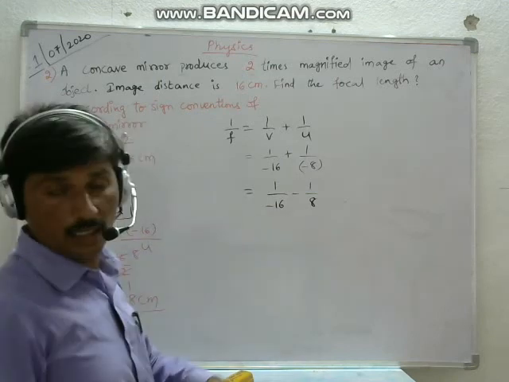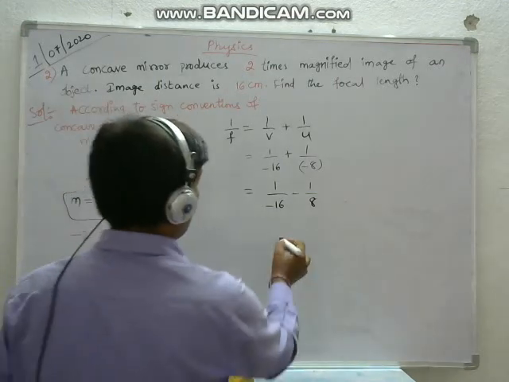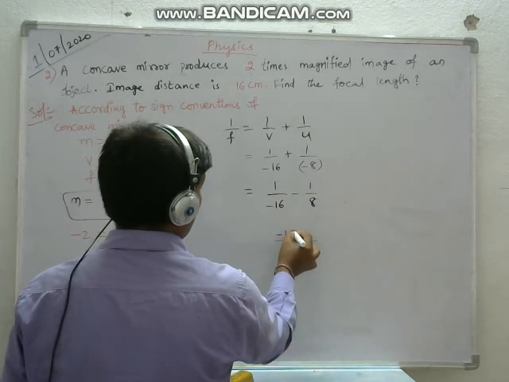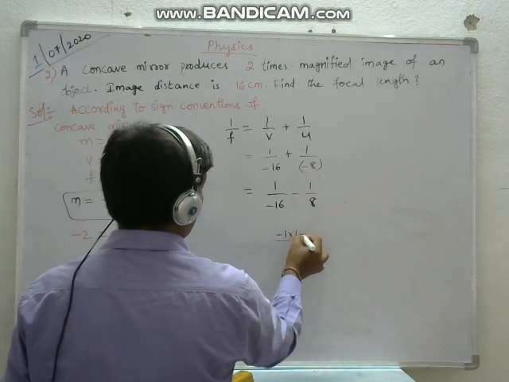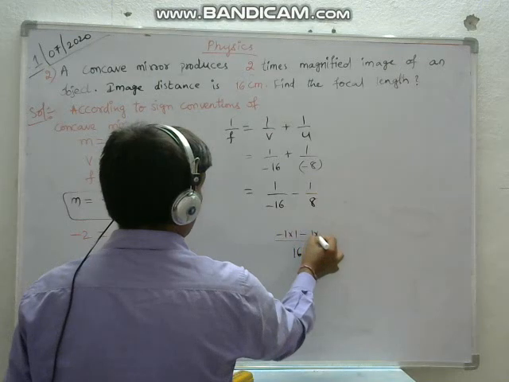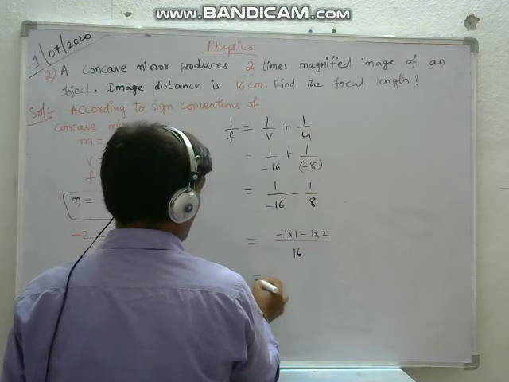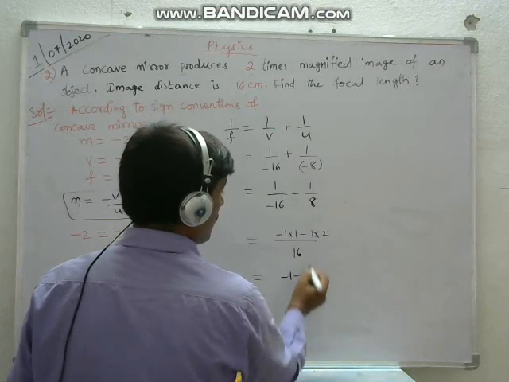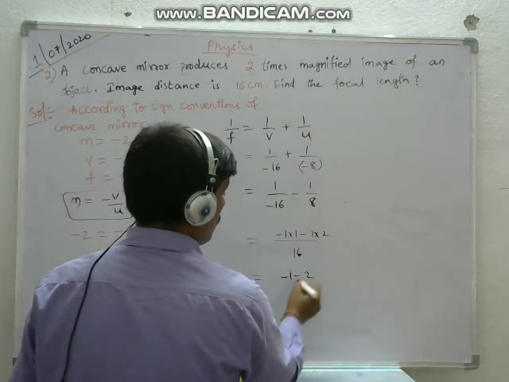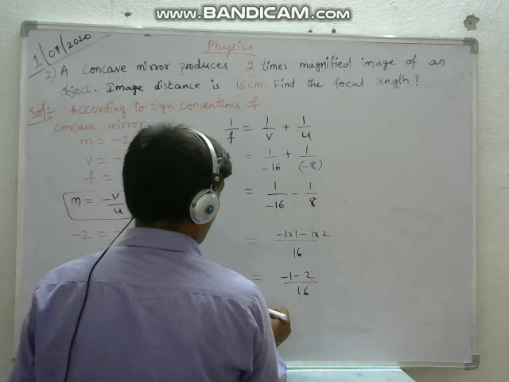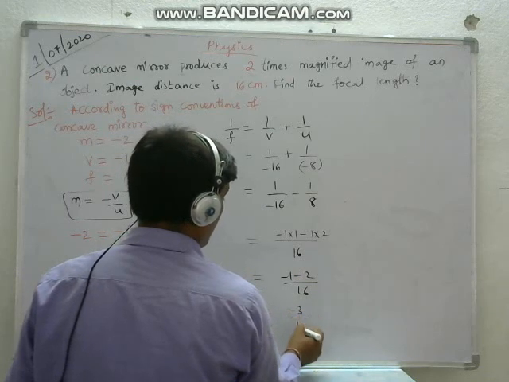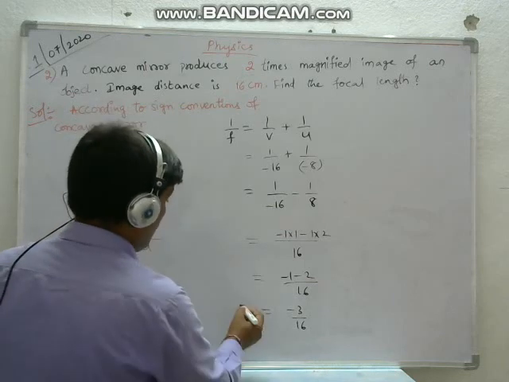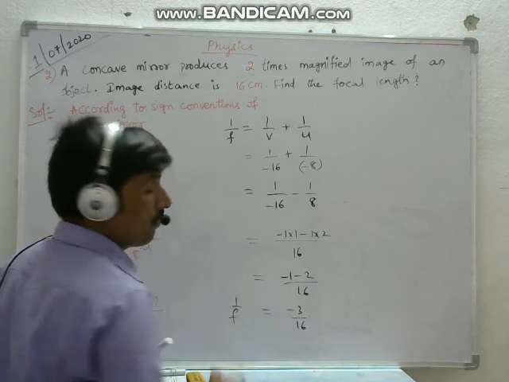If we do the LCM of 16 and 8, we will get 16. Minus 1 into 1, minus 1 into 2, that is minus 1 minus 2, so 3 by 16. Then we'll get minus 3 by 16.